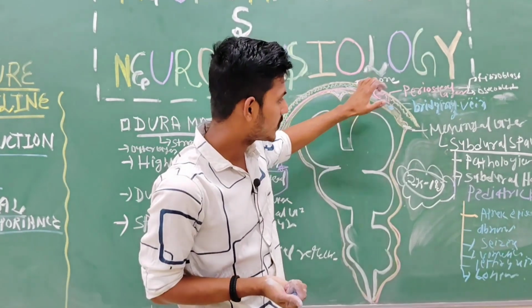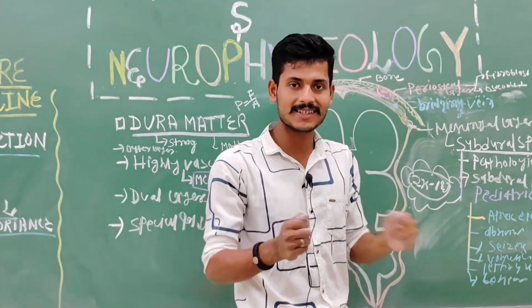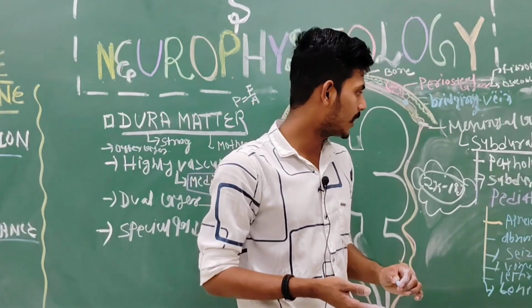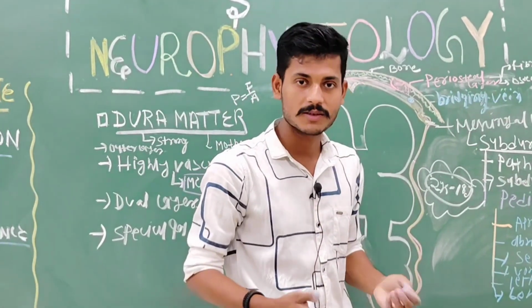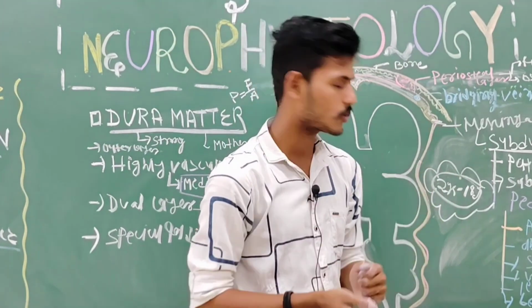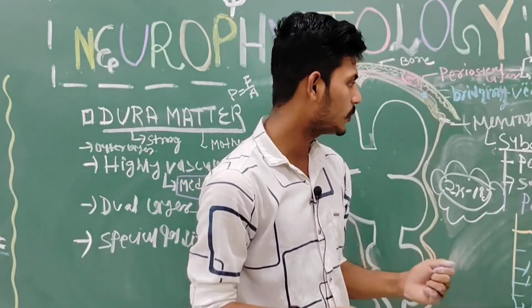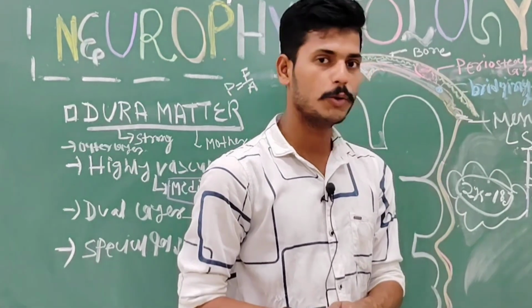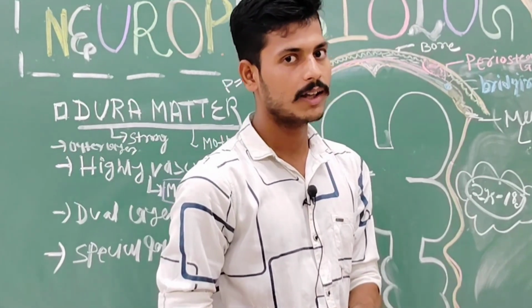Sometimes, due to vigorous shaking of the children, or in angry times when we shake the children too much, that results in rupture of this bridging vein, which results in subdural hemorrhage and subdural hematoma.